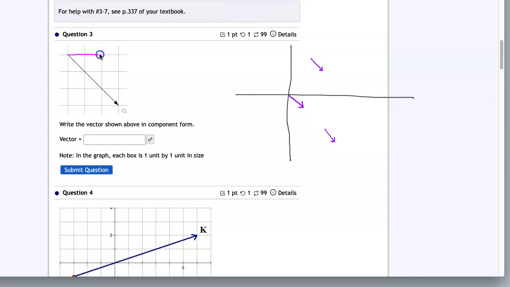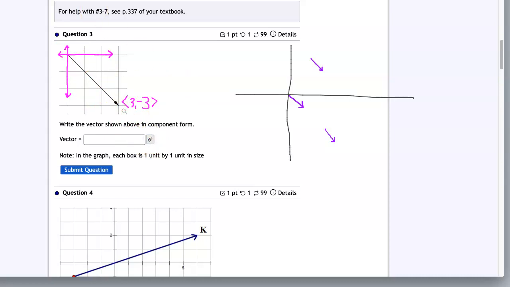If we want to draw the x-axis and the y-axis so that the beginning of our vector is actually at the origin, then the resulting 3 over, 3 down gives us 3, negative 3 as the label that we would use for this vector.